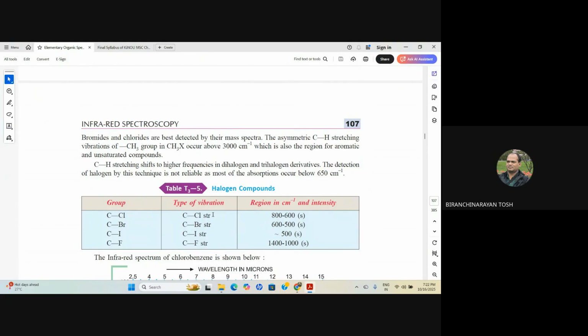So 800 to 600 for chlorine, 600 to 500 for bromine, around 500 it is iodine, and for fluorine, as fluorine is more electronegative, we get it at higher frequency, that is 1400 to 1000.